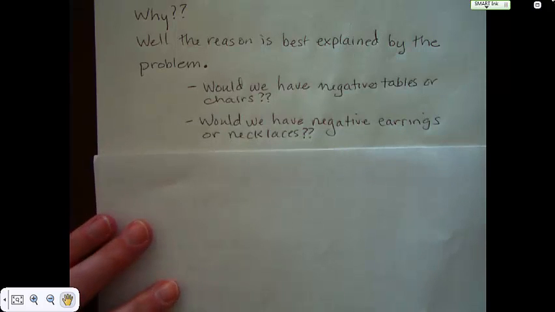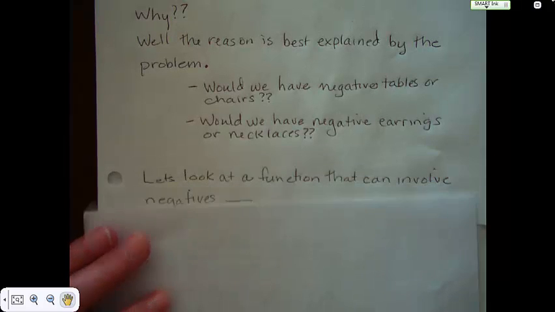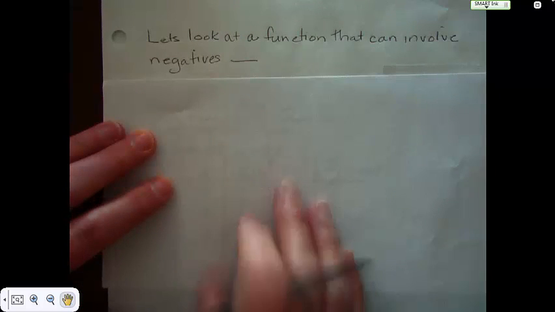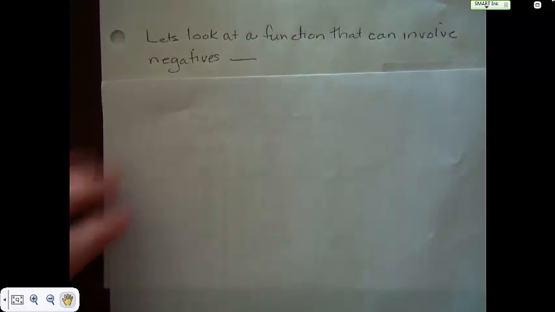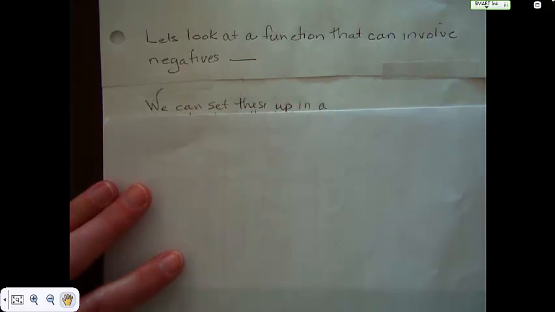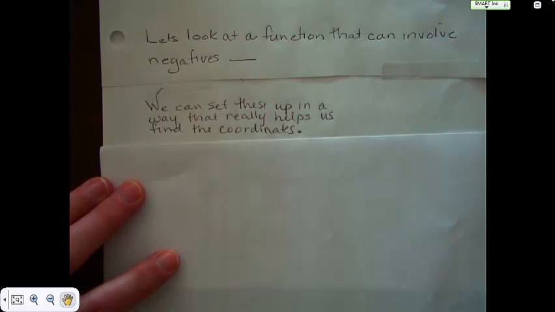Would we have negative earrings or negative necklaces? No, not going to happen. So, some functions don't involve negatives. Some functions do. Some functions that are just numbers, basically, we don't have to worry about whether they're negative earrings or negative chairs. They're just a function. So we can set these up in a way that really helps us find coordinates.